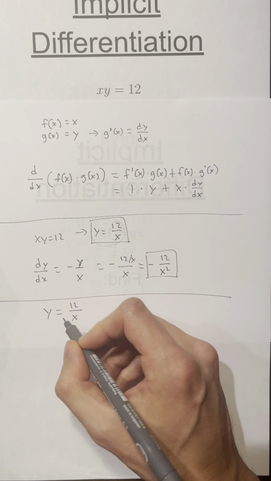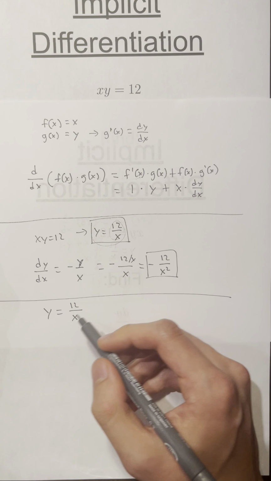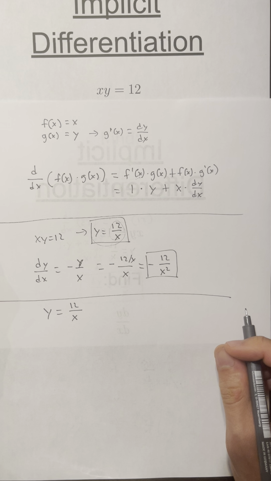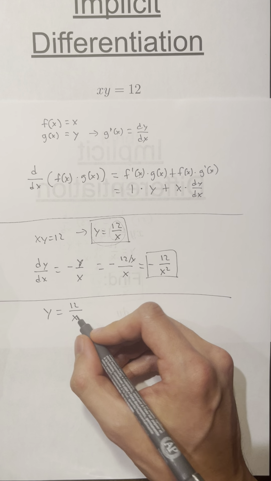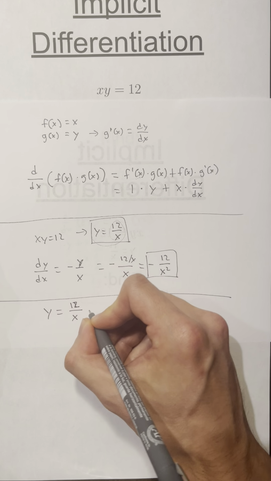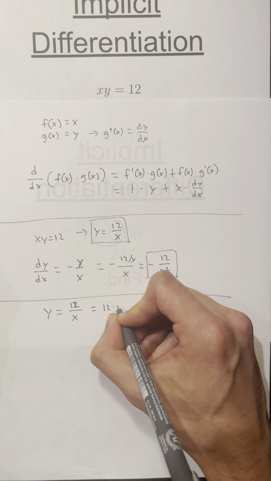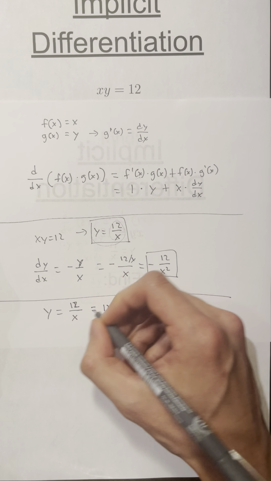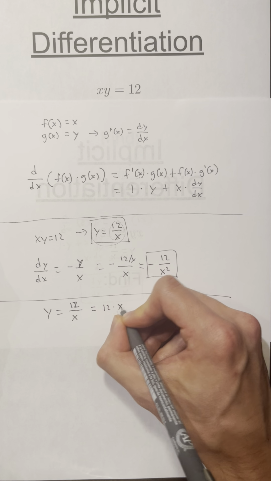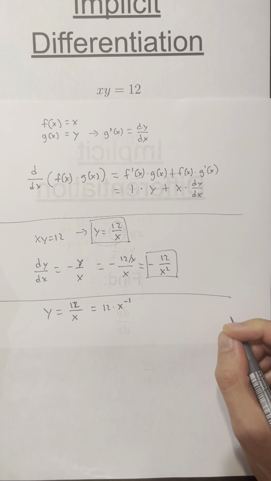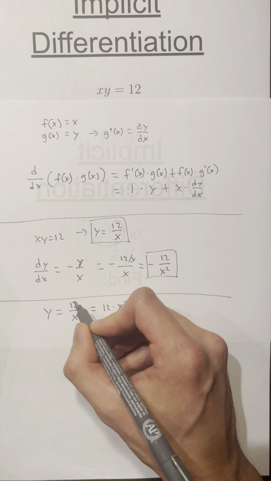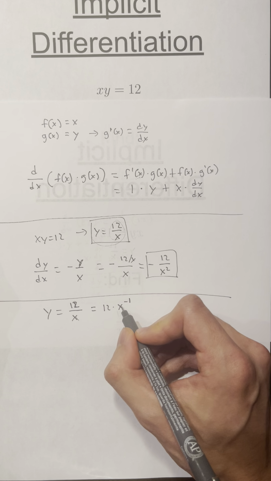So we're going to find it a different way, and then we're going to use that different way to double check our answer. Okay, so this is the same thing as 12 times, so wherever you see divided by x, it's the same thing as multiplying by x to the power of negative 1. So 12 divided by x is the same thing as 12 times x to the power of negative 1.